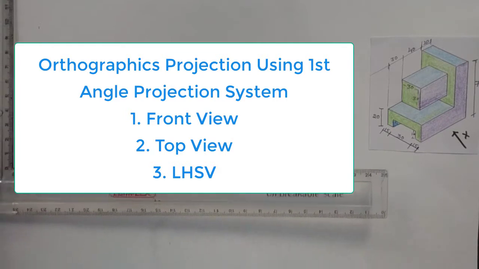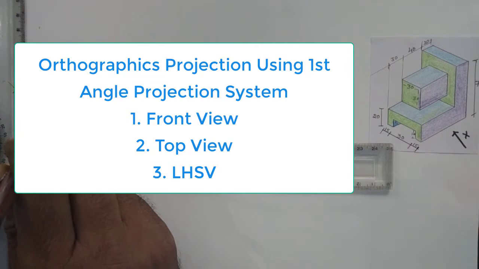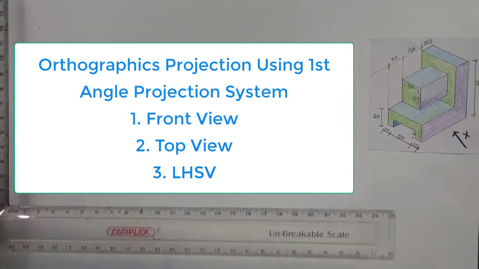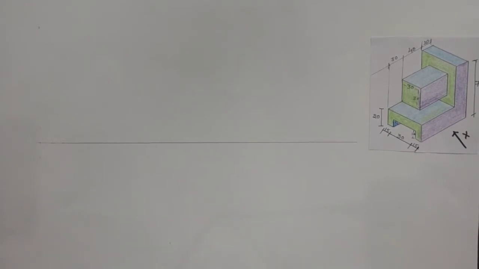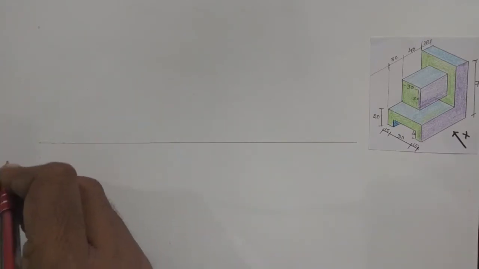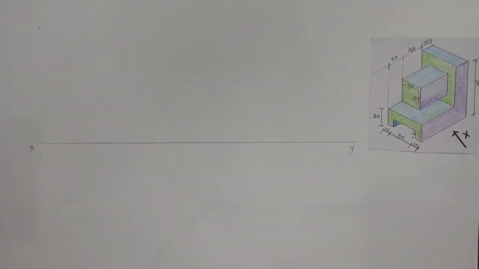So first we prepare our XY line and we start the problem in first angle. In our previous video we learned the elevation is always above the XY line and the top view of the objects is always below the XY line.